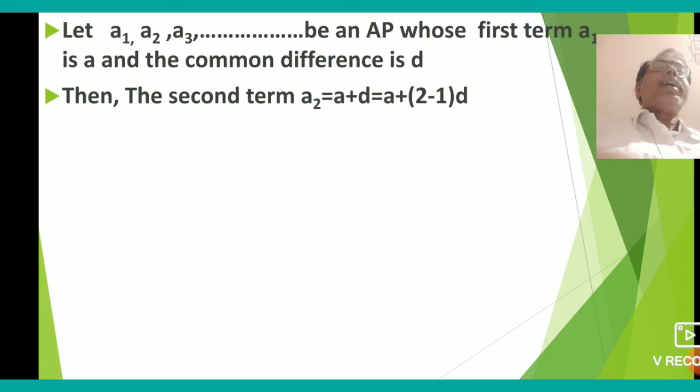So here D has coefficient 1. Why? Because A plus D is nothing but A plus 1 into D. That 1 can be written as 2 minus 1 into D, as before we wrote for the 15th year salary. Recall that in your brain. So A plus 2 minus 1 into D. Again I am writing the same pattern.